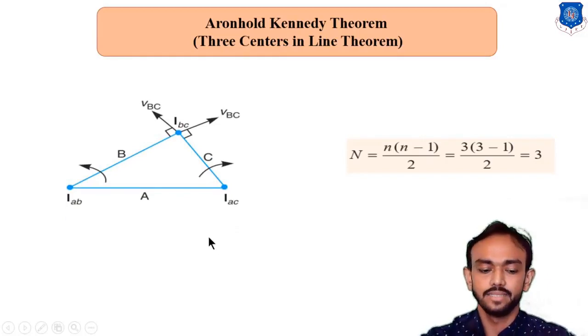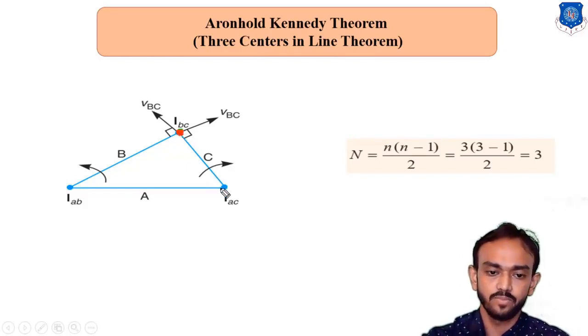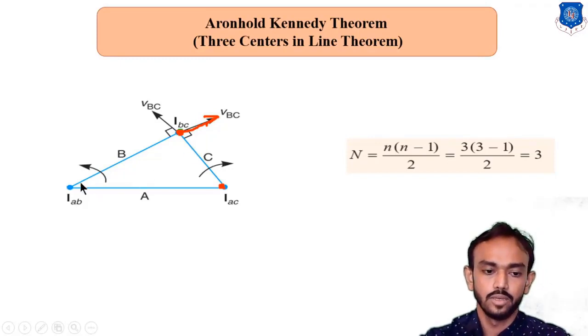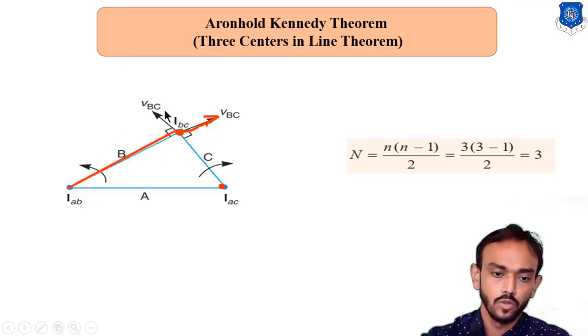But check this point here. The velocity of this point with respect to this I center will be in this direction, perpendicular to the link. But the same point is also on this link.